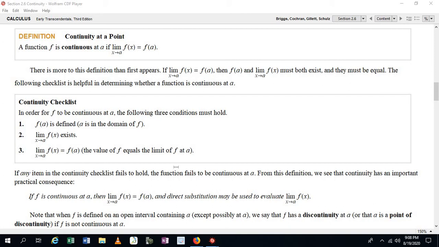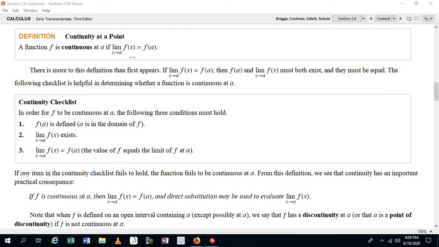Okay, so I want to unpack this definition. On the left-hand side of this equation, this limit is really telling us what the y value of this function is getting closer to as x is getting closer to a. Now keep in mind, it's not telling us what the y value of the function is when x equals a.